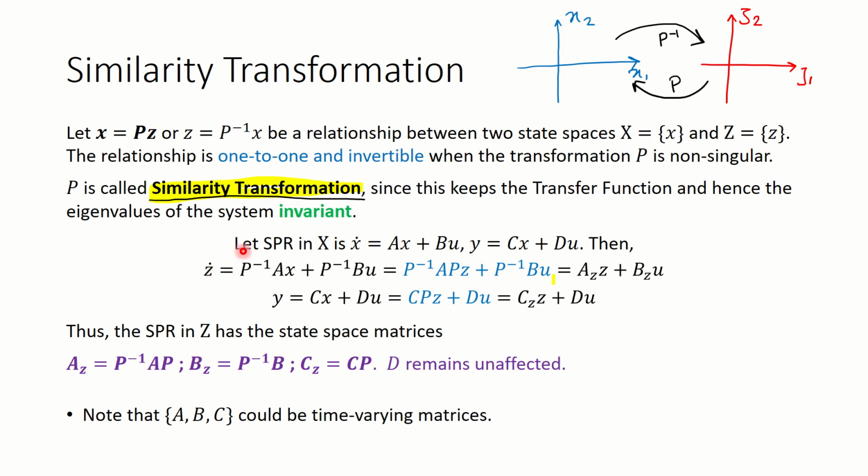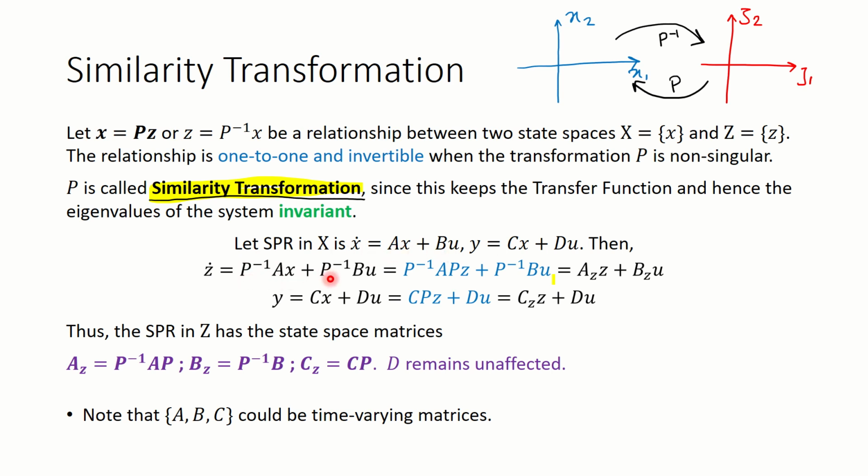here you see the state space realization in X, which is the standard one. If we assume that the state space realization in X is x dot equals Ax plus Bu, y equals Cx plus Du, then what becomes z dot? Note from here, z dot is P inverse x dot. What is x dot? x dot is Ax plus Bu.